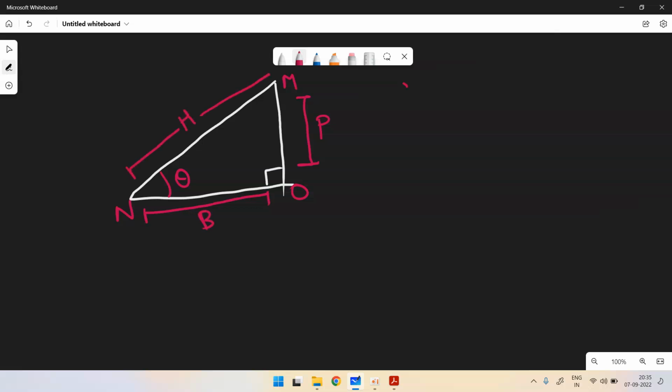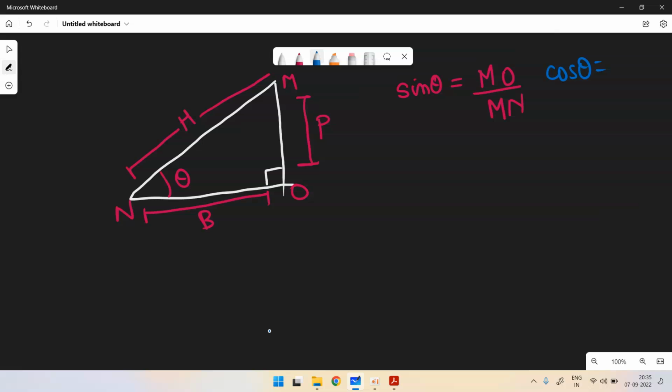Now what is sine theta? Sine theta, sir, is perpendicular by hypotenuse. So MO by MN. Okay. Now, sir, what is cos theta? Cos theta is base upon hypotenuse. What is base?